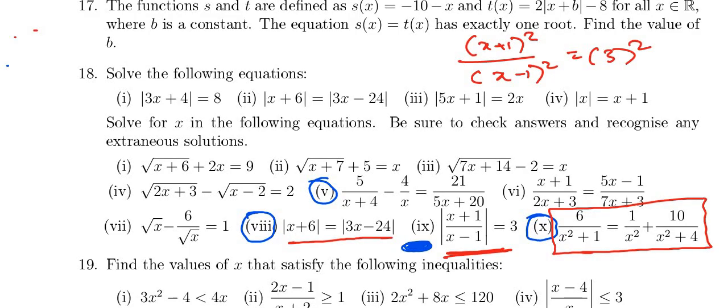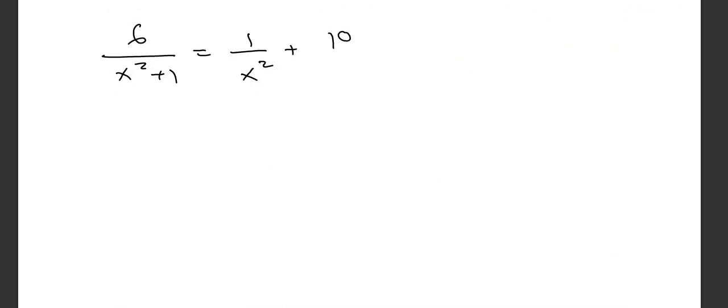So there is a 6 times x squared plus 1, which is equal to 1 over x squared, then plus 10 over x squared plus 4.